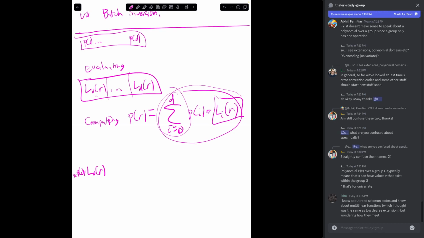Then given L0 of r, it's very quick to get L1 of r. Then multiply that by P of 1 and add it to your running sum, and so forth. And so you never actually need to store L0 of r up to LD of r.